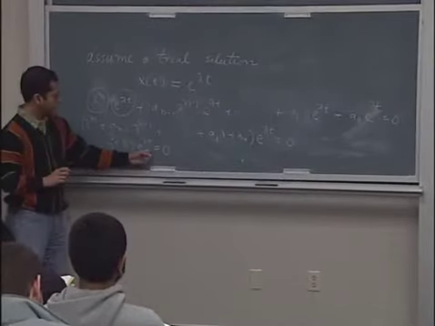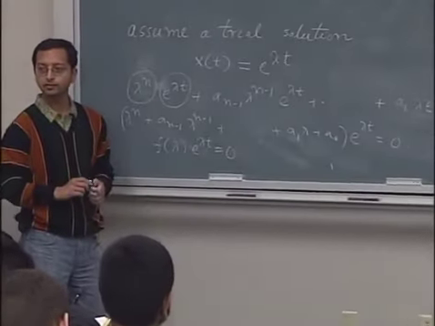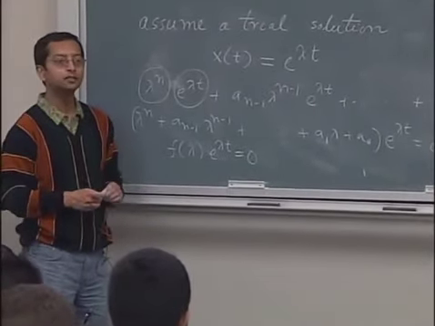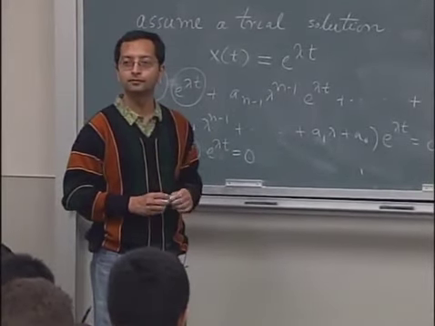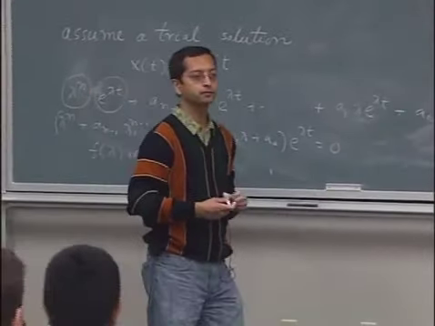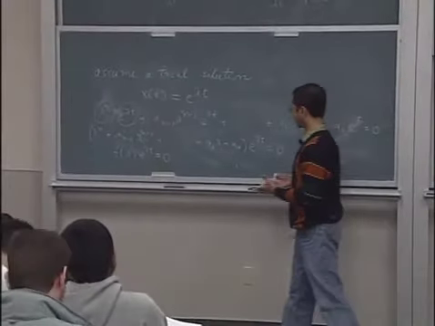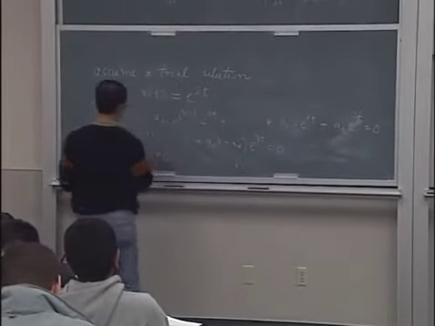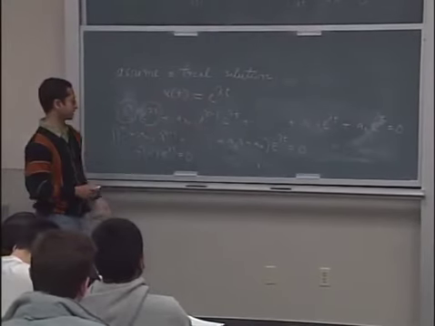Now, e to the power lambda t cannot be 0. What happens if it's 0? If it's 0, then the solution is a trivial solution. It's a 0 solution, which does not make sense.